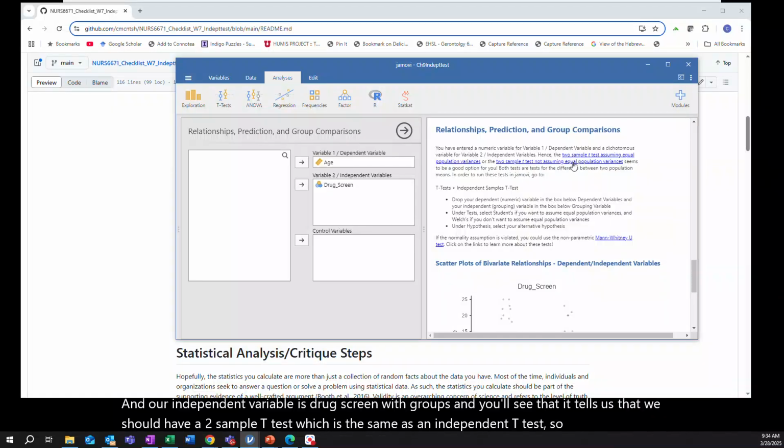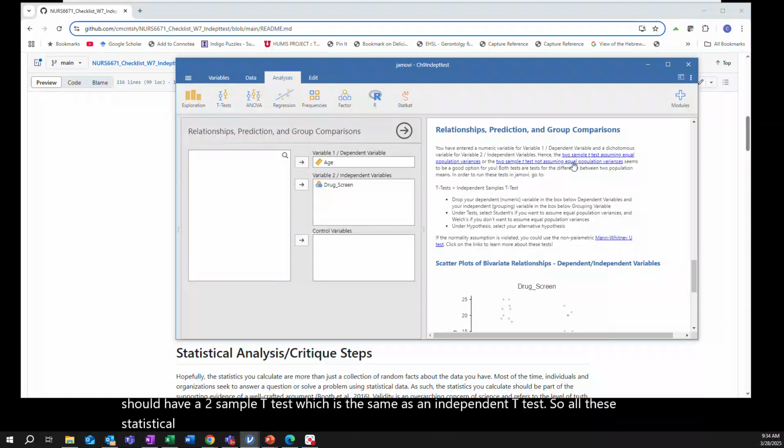So all of these statistical tests have several names you'll see used in different areas and fields, and it's good just to get used to knowing the different names, and it talks a little bit about assumptions that we're going to talk more about.